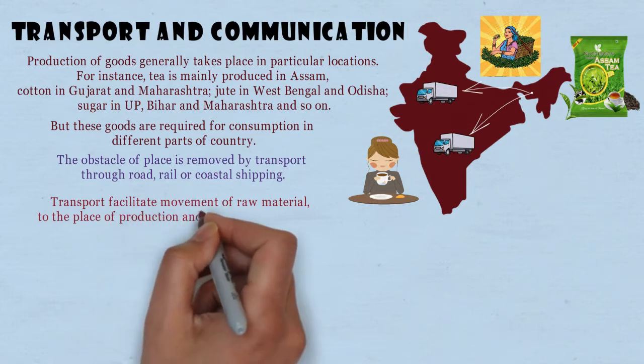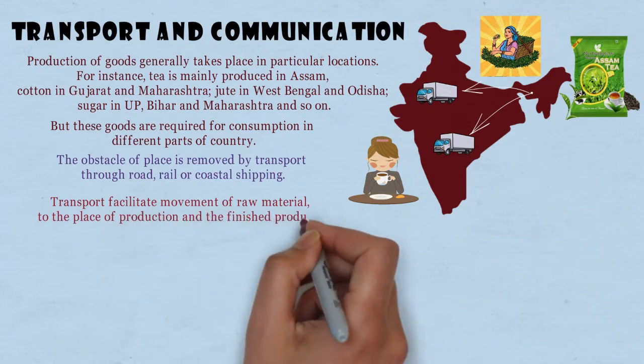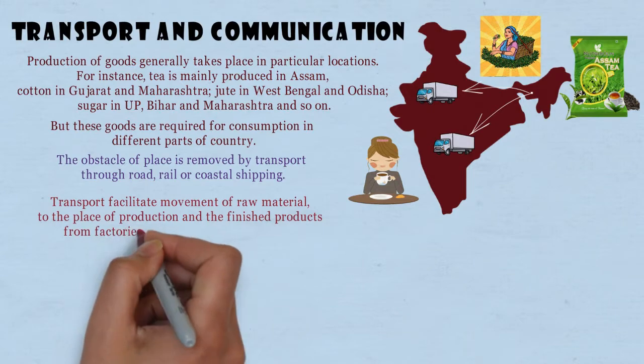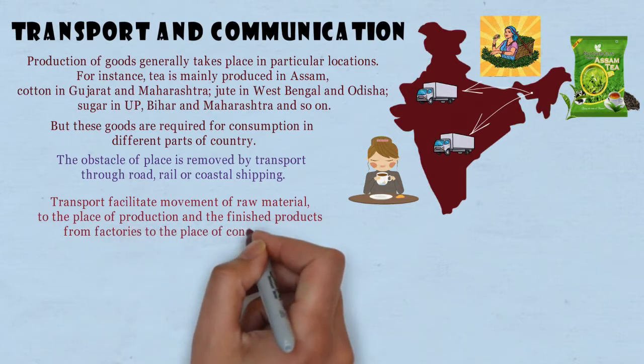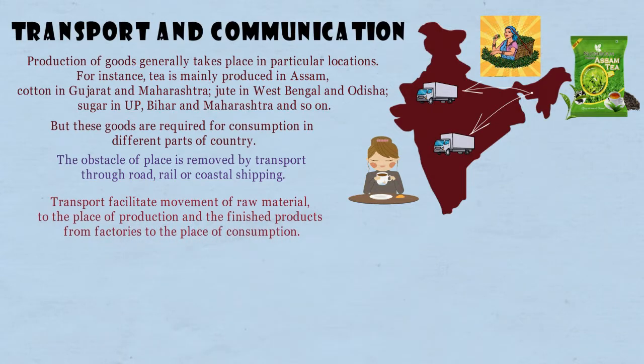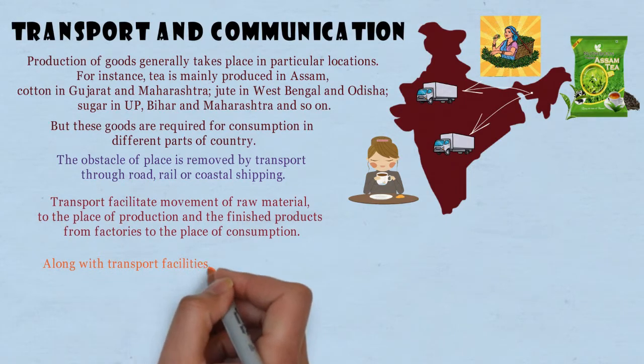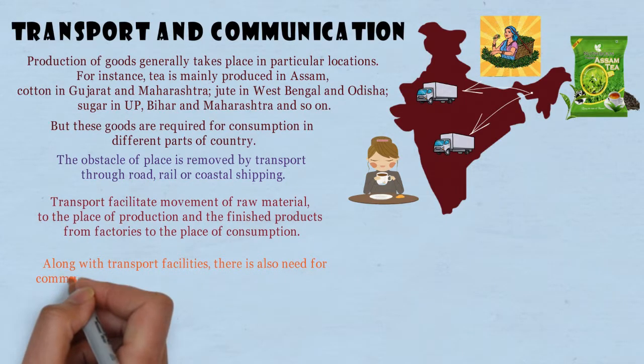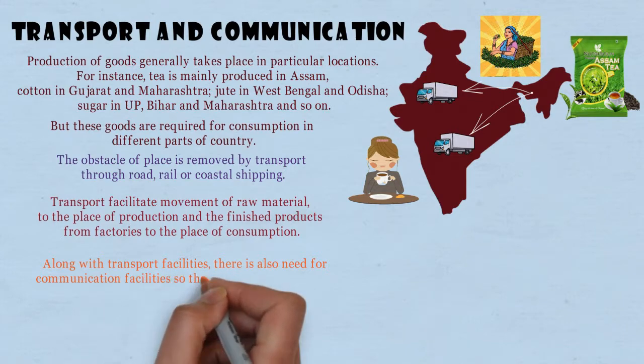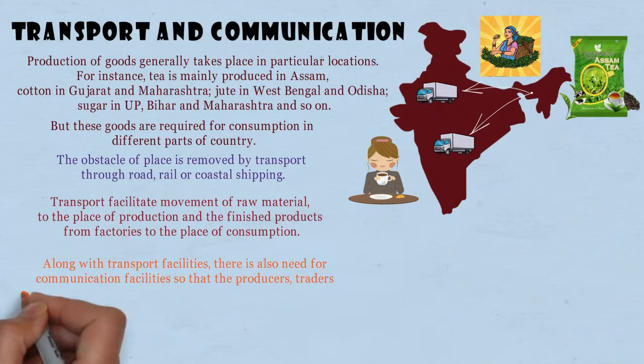So basically through transportation we can solve two problems. First, the raw material is transferred to the factory site, and second, from the factory site the finished product is transported to the consumer site.